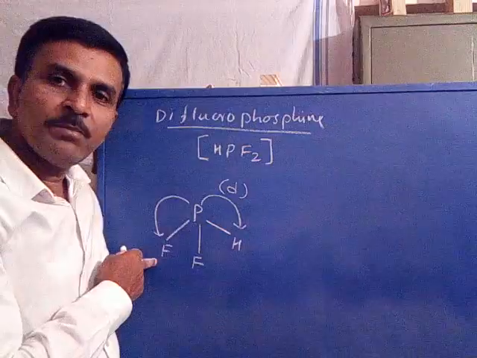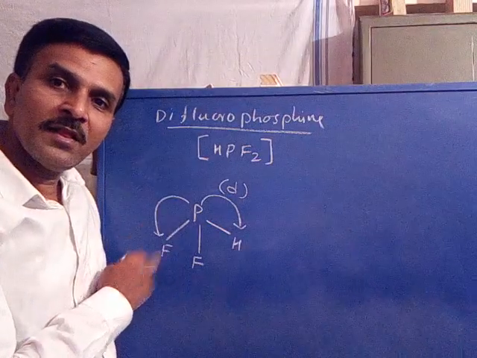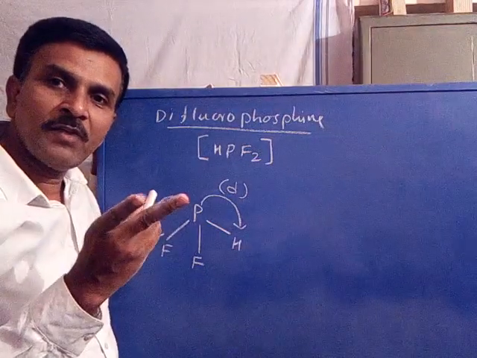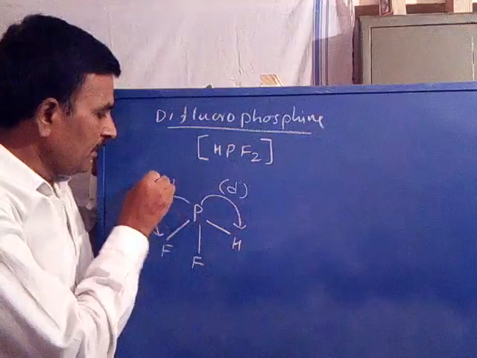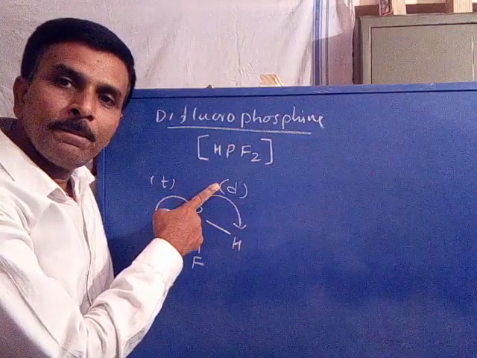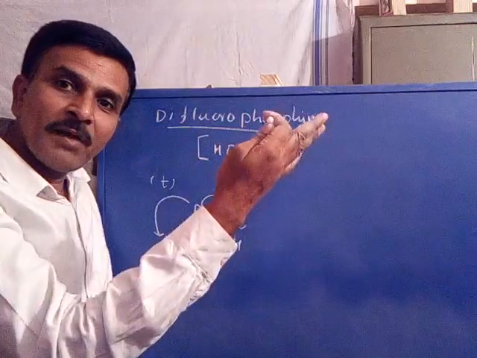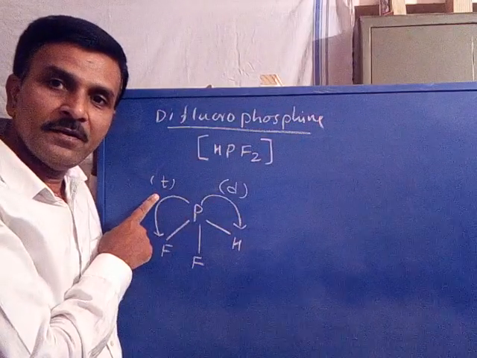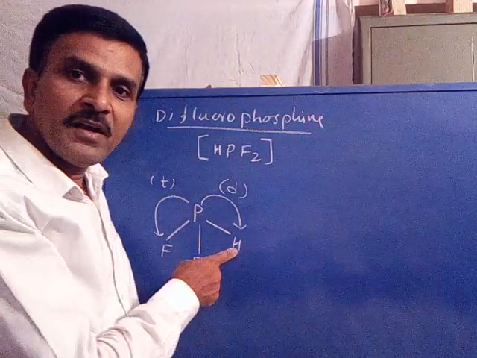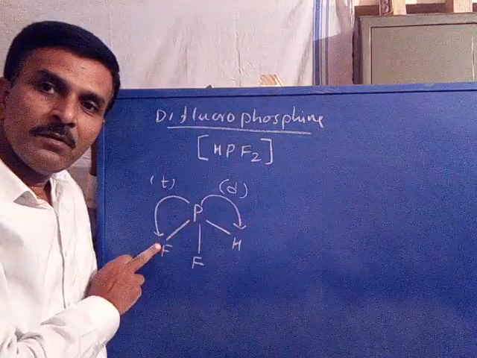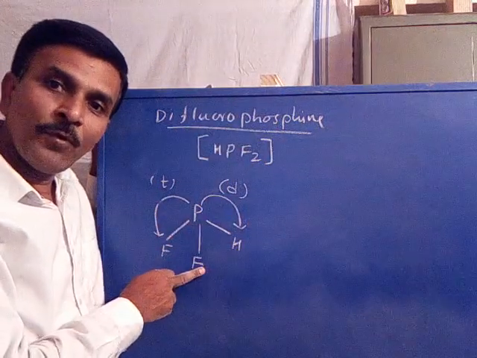How many fluorines are there? 2 fluorines. 2 plus 1, what happens? Triplet. A doublet signal due to coupling with hydrogen is further multiplied into a triplet. So every line of the doublet will be further split into a triplet due to coupling with fluorine.